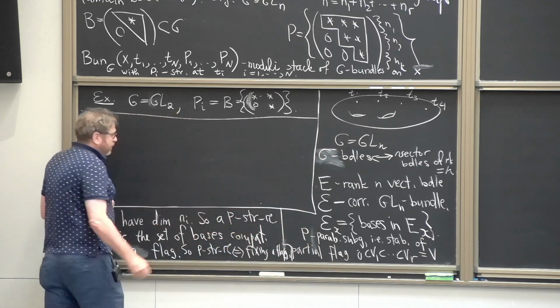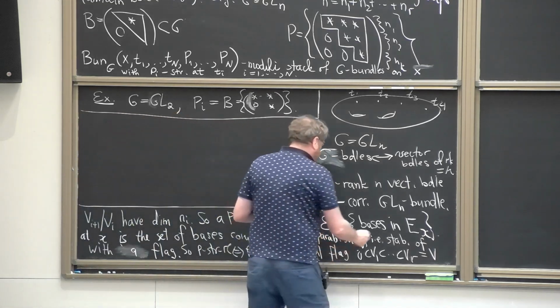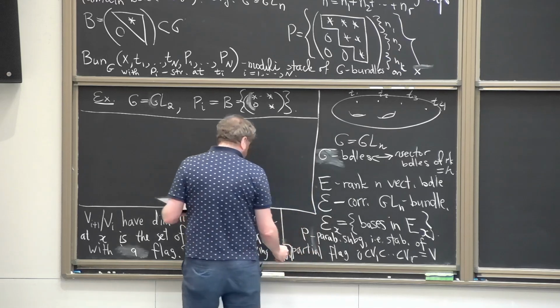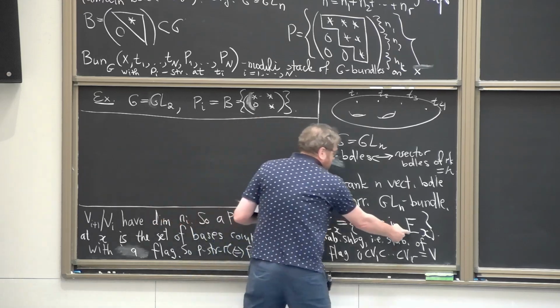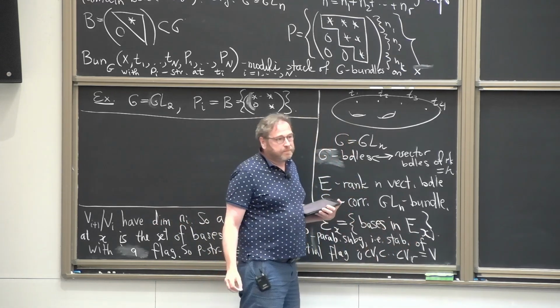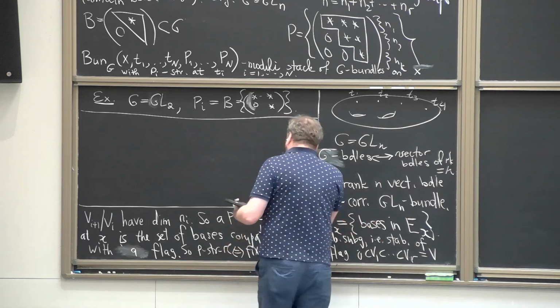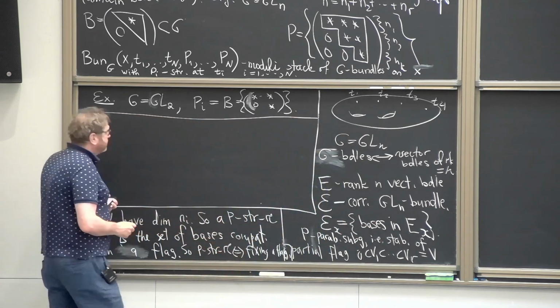That's a convenient way to think about P structures: fixing a partial flag in the space E_X with quotients having dimensions n_i.